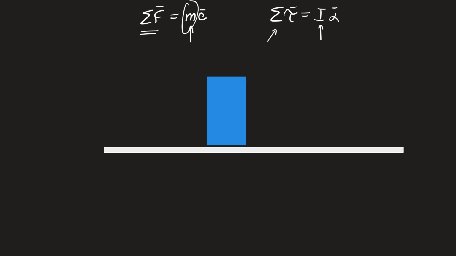So if you're here and you're going to push on the box, those forces are going to look something like maybe your pushing force acting on the box, the weight of the box, the normal force acting on the box, and probably friction acting on the box.